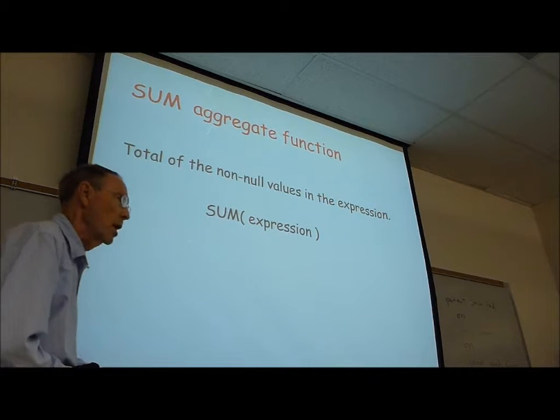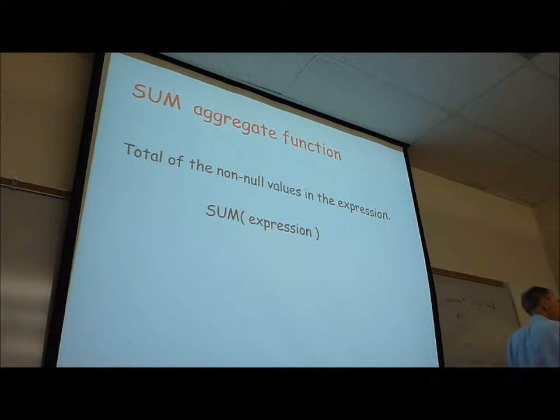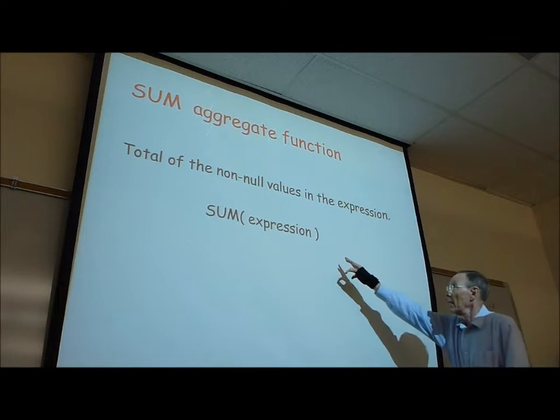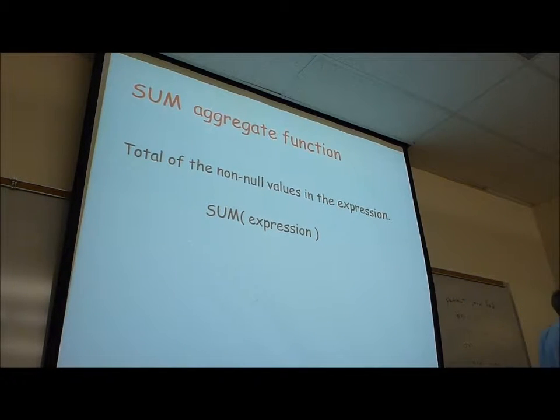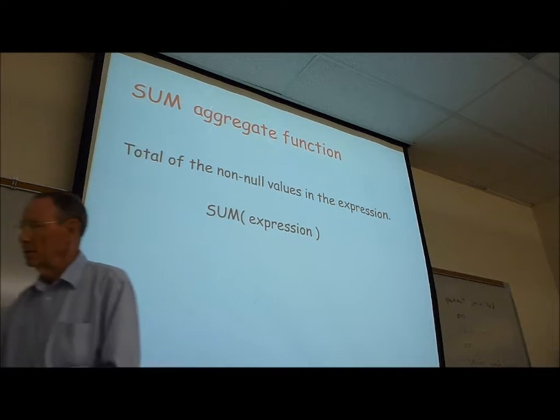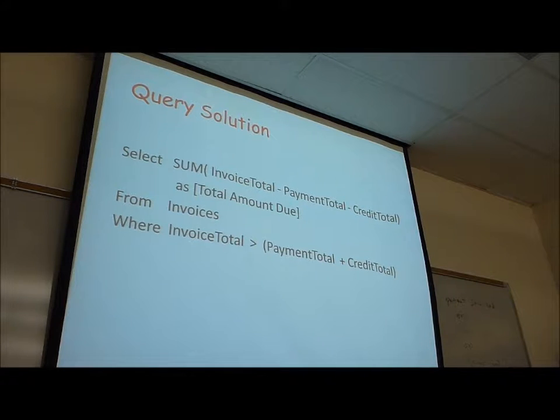I'm going to sum up those 40 records, the value of the unpaid invoice. In that case, it's not going to be just one column. It's going to be the total expression in there. And it would look something like that.